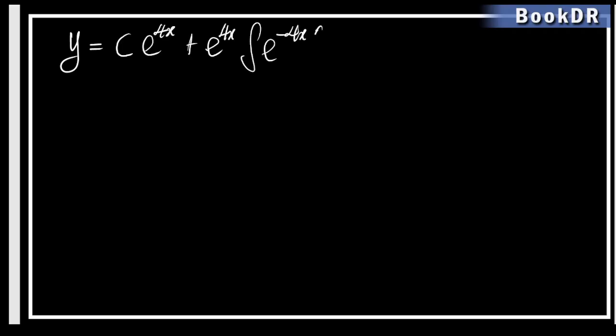So we are going to have y is equal to c e^(4x) plus e^(4x) multiplying the integral of e^(-4x) multiplying 3e^(-2x) dx.